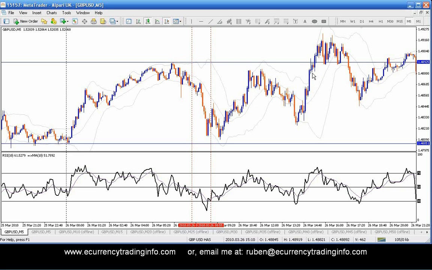So here there is a new high, a break of the high of the Asian session. This candle does not make a new high. This candle still does not make a new high. This candle makes a new high. My entry would be right here at the break of the high of this candle.